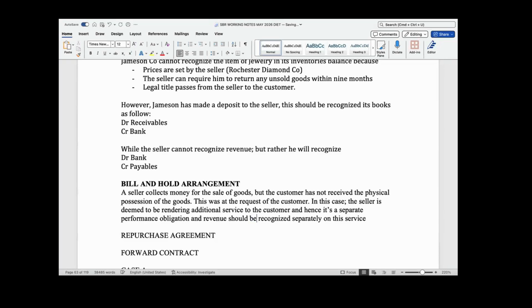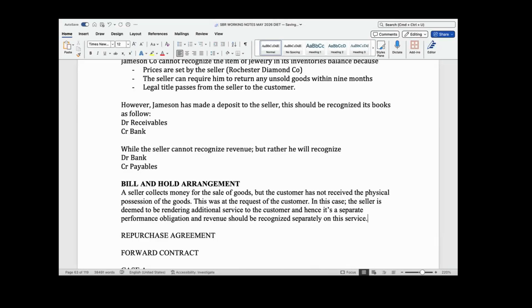So we need to identify that, and we need to recognize revenue separately for that service. That's the major argument, the major area here for bill and hold arrangements.